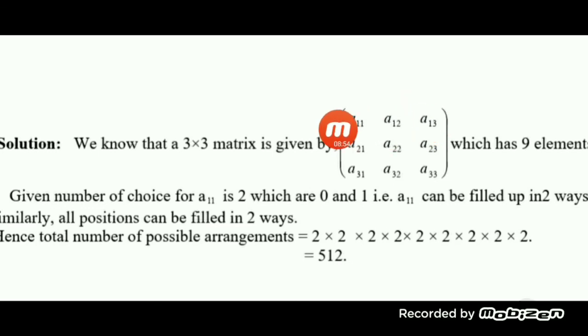That means you will have, what, multiplication rule, permutation and combination you have got in class 11. By using the multiplication rule we will have 2 into 2 into 2 into, like that, 2 to the power 9, and the value of 2 to the power 9 is equal to 512. This is your correct answer.